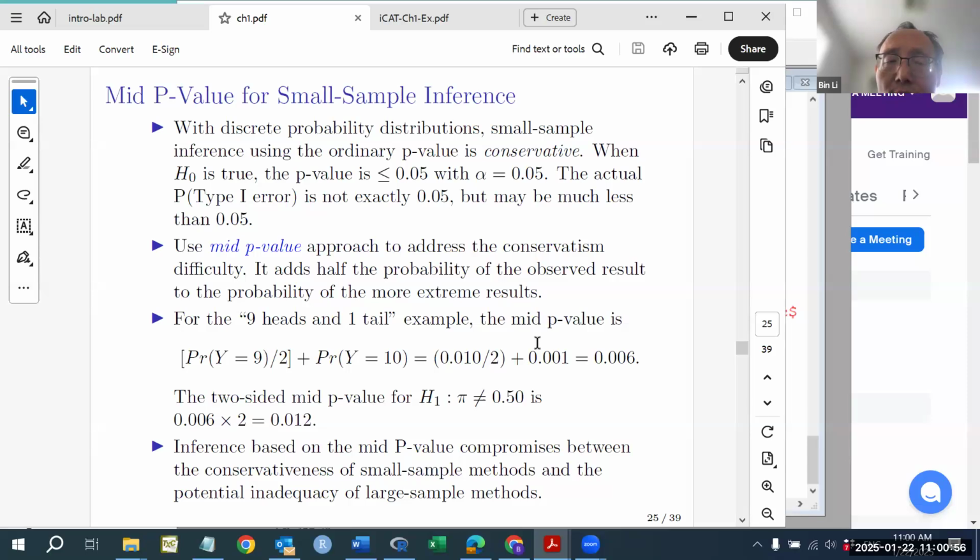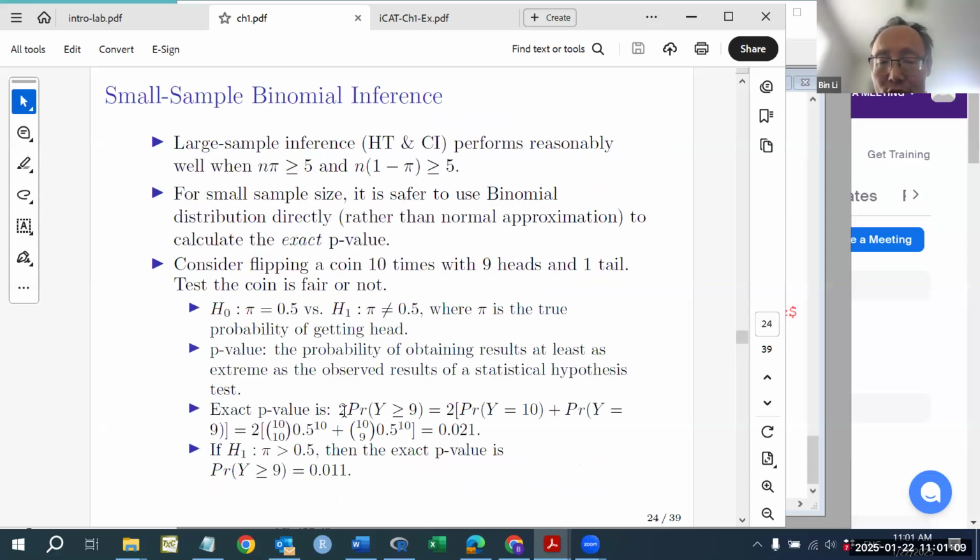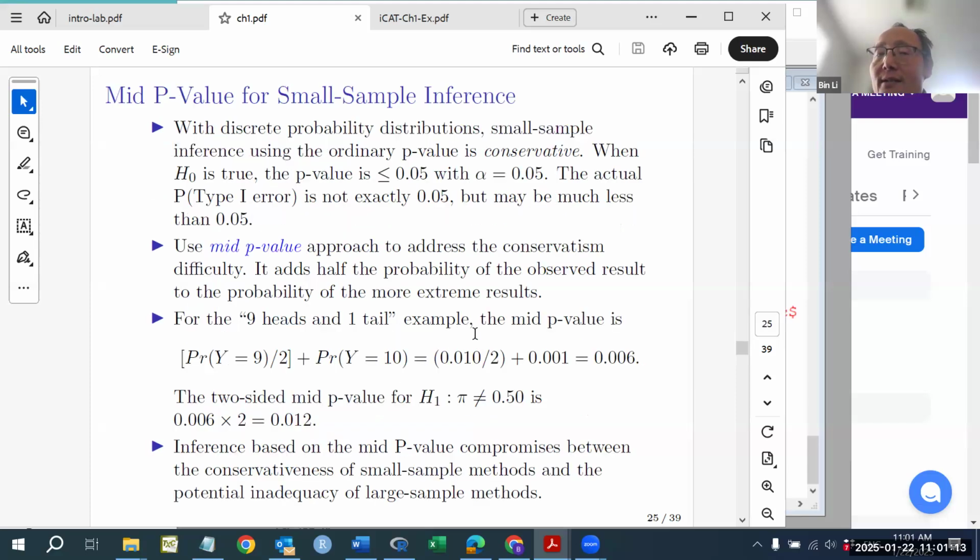So for the discrete probability distributions, the small sample inference using the ordinary p-value, what is the ordinary p-value? That's the one that I mentioned here. It is conservative. That is a term that we use very often in statistical inference.